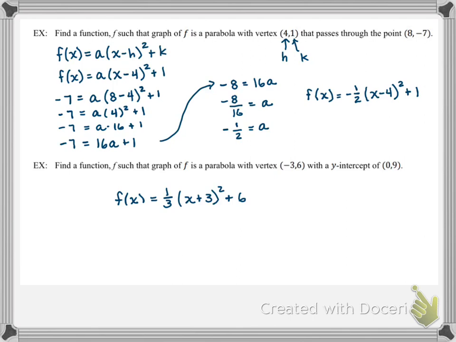Everybody get that? No? So this is our h and k, right? So we have f of x equals a times x plus 3 squared plus 6. So that 3, we take the opposite sign of our x coordinate. And so then our output is 9 when our input is 3.